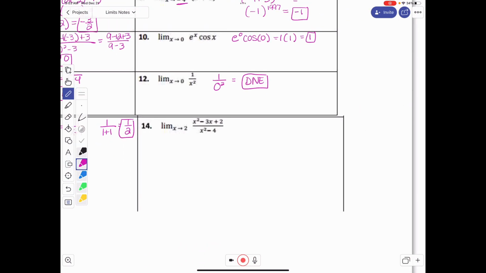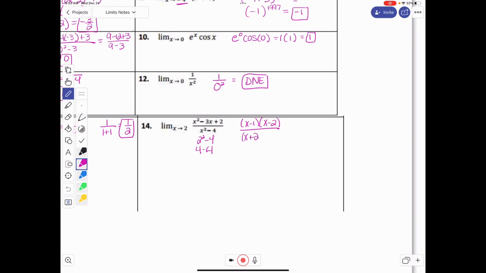Okay, so on 14, again, if we plug in a 2 in the bottom, 2 squared minus 4, so that's 4 minus 4, that gives us a 0, that creates the problem. So again, we want to look at factoring. If I factor the top, I get x minus 1, x minus 2. On the bottom, we got a difference of perfect squares.